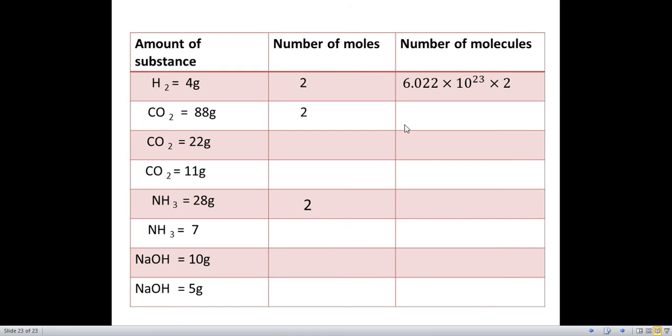What is the answer? 6.022 × 10^23 times 2 because there are 2 moles. Then carbon dioxide 22 grams. What is the answer here? Can you guess? 0.5. So 6.022 × 10^23, you have to multiply by 0.5.